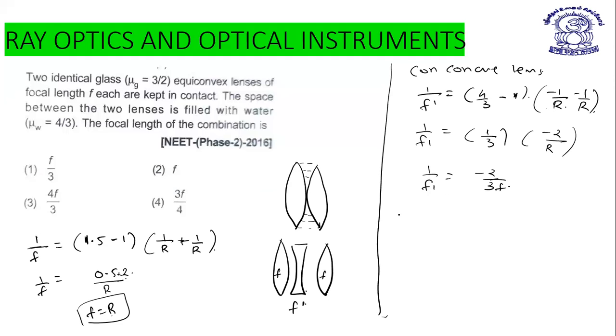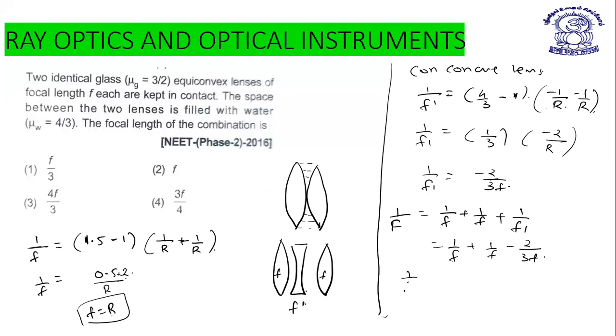Power of combination or focal length of combination is, let's say, capital F. That can be written as 1 upon f plus 1 upon f minus 1 upon f1. So 1 by f plus 1 by f minus 2 by 3f.